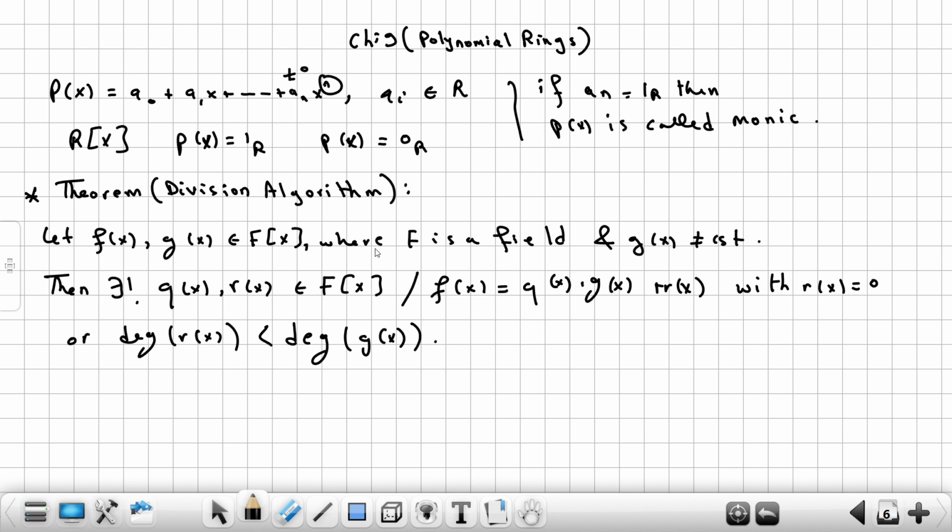You should notice that this theorem is only true if f of x and g of x are two polynomials with coefficients that belong to a field. Okay, this is a very important assumption. Without this assumption, the result is not true.